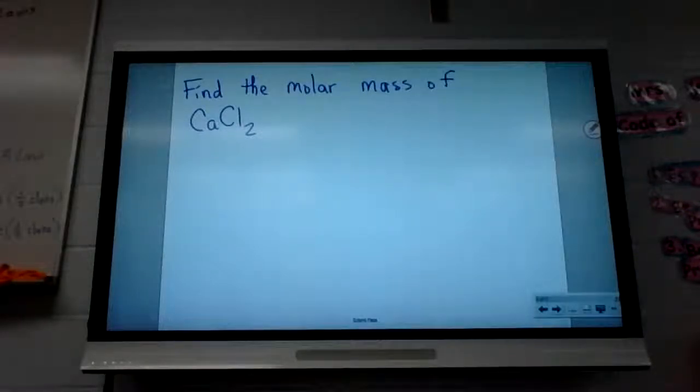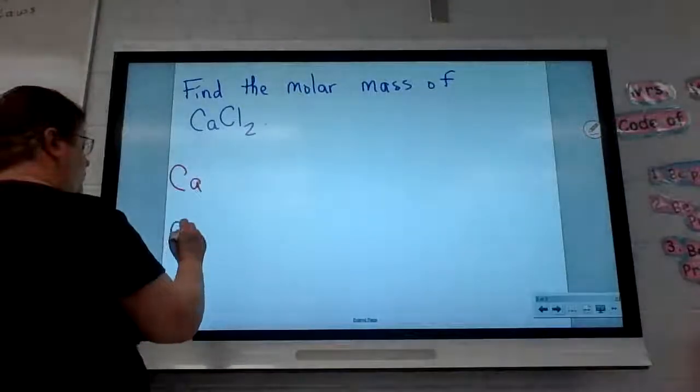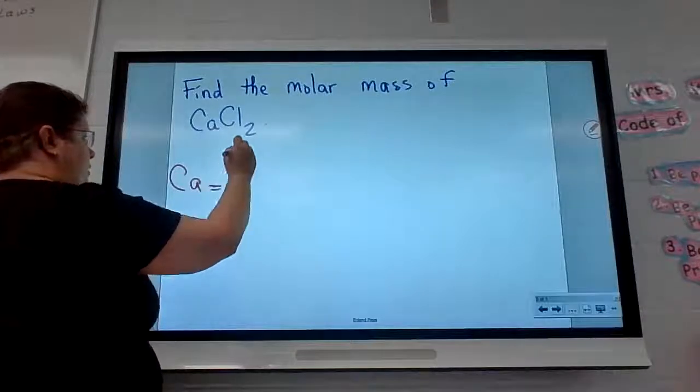When I wanted an element, I just looked at the table. Now I want a compound. What would I need to find on the table? A number, of what? The element on the table. Okay, which elements? Ca. Yeah. And Cl. Okay, so we need to know their atomic mass.